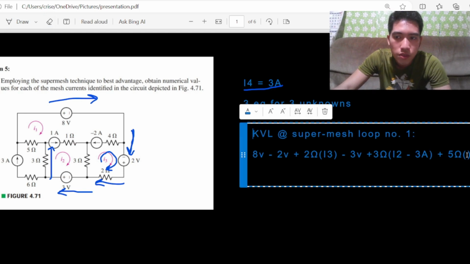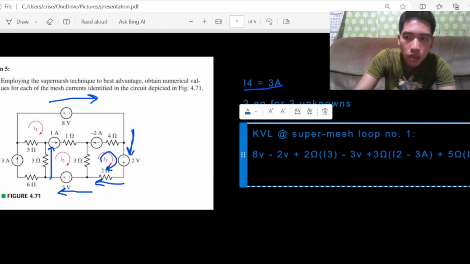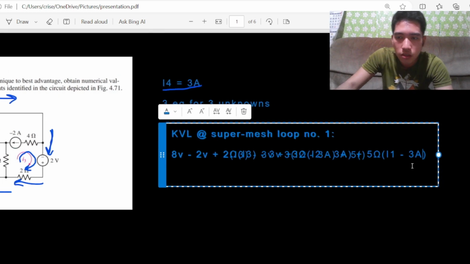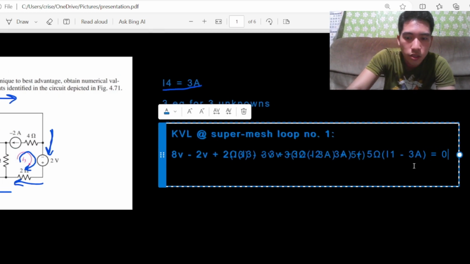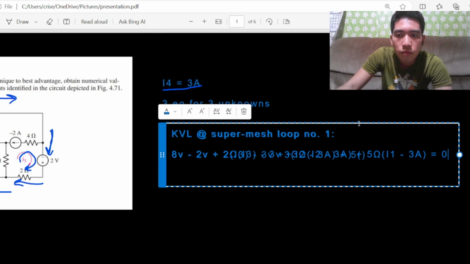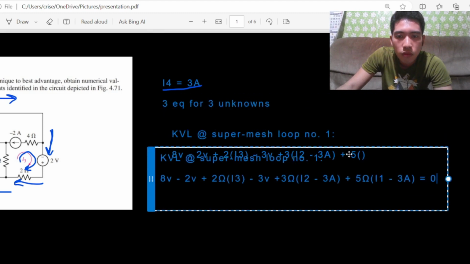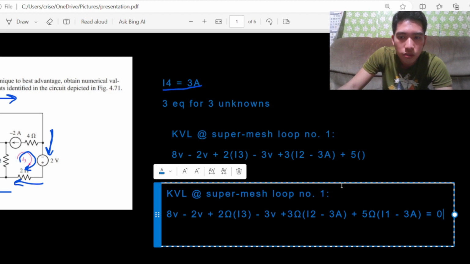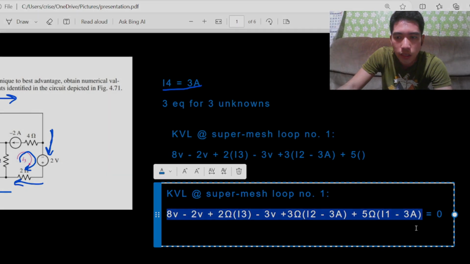So 5 ohms times I1 minus 3 amps, which equates this whole equation to 0. So we're going to write 0 for this equation. This is our equation right now: negative 8 volts minus 2 volts and then etc.